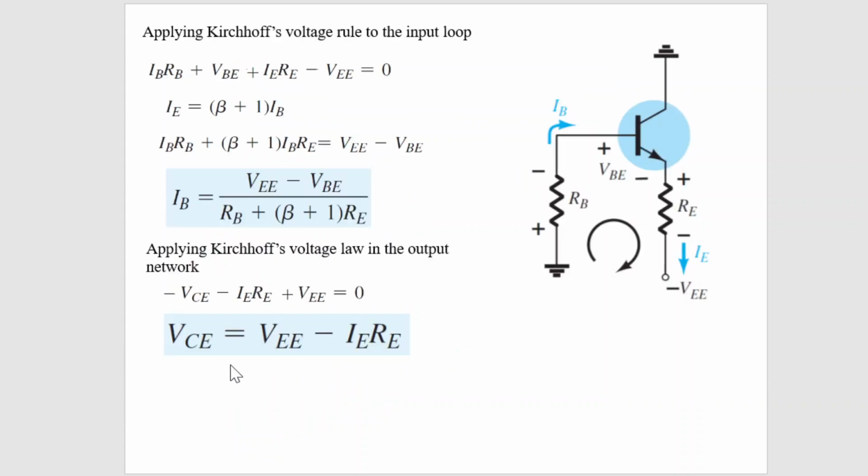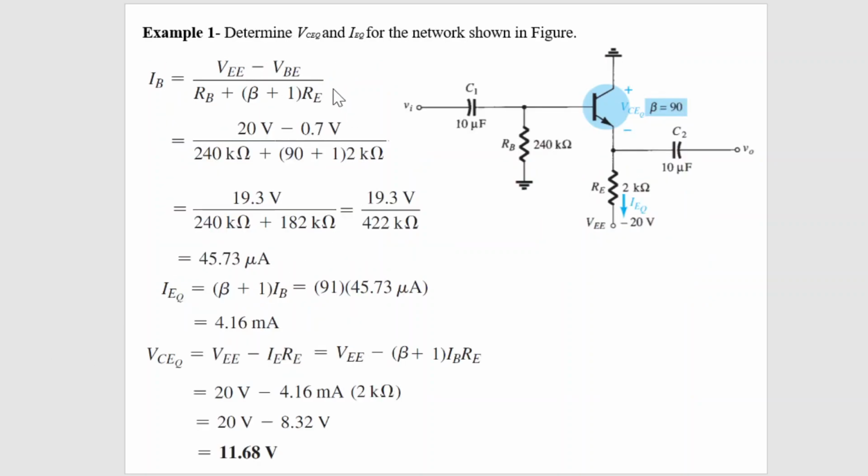Once we determine IEQ, by applying Kirchhoff's voltage law in the collector emitter loop, or simply by using the equation VCE is equal to VEE minus IE into RE, we can determine VCEQ. So VCEQ is equal to VEE minus IE into RE, and in place of IE, which is beta plus 1 into IB, we can directly write 4.16 milliampere.